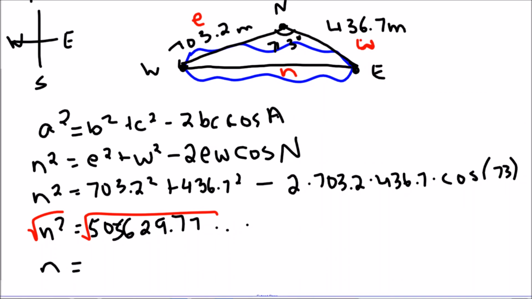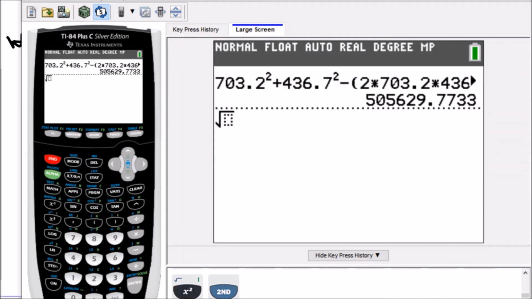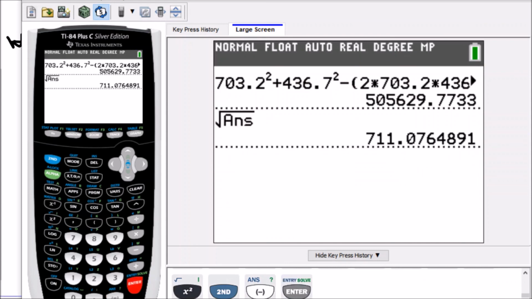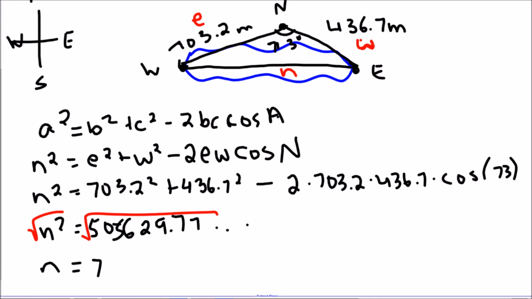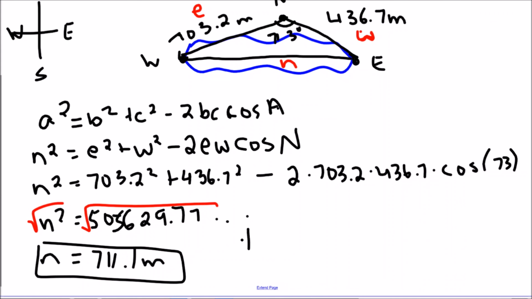N equals, I go back to my calculator, I square root that whole big long answer, and I get 711.1. My units are meters based from the question. Right, and because it was a word question, I'm going to give a word answer. The pond is 711.1 meters across.